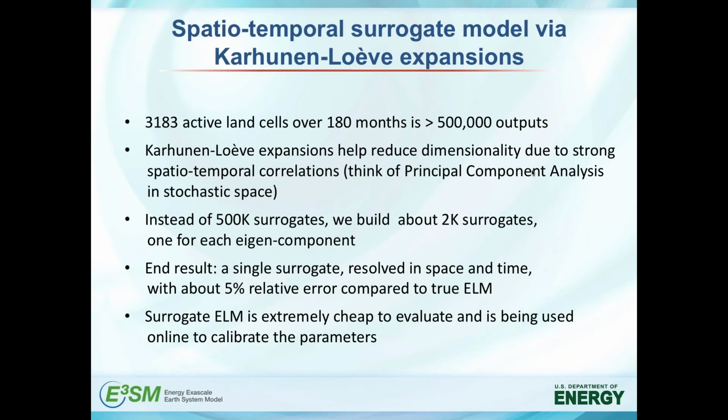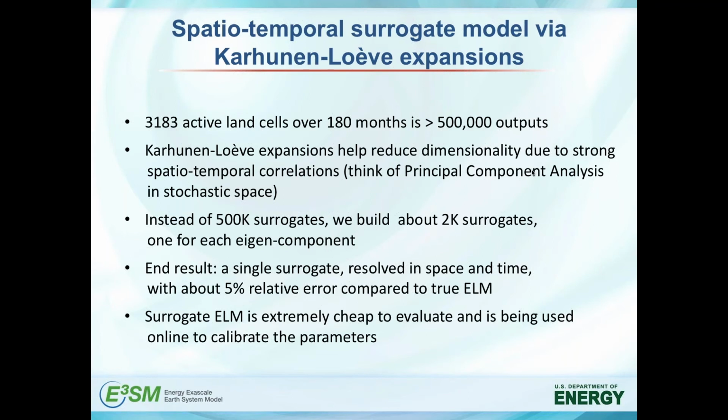So what we're doing with this method is to reduce the dimensionality. When we look at those output fields, if you remember what those videos look like, you can imagine there are very strong spatio-temporal correlations within that model output. The variations in GPP are similar to the variations in the grid cell next to it, and they're similar to a year prior or a year in the future.